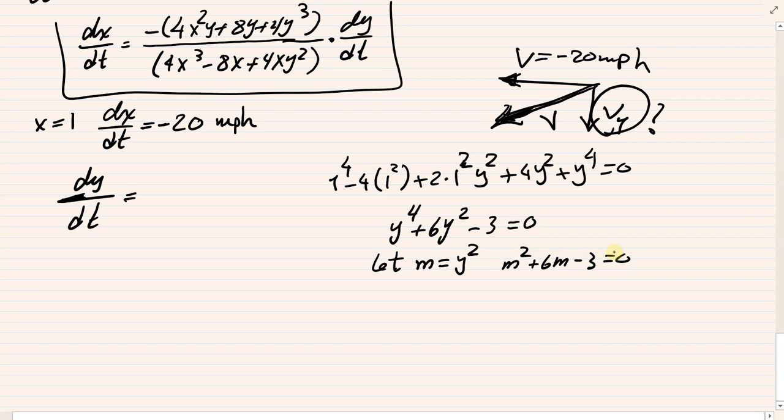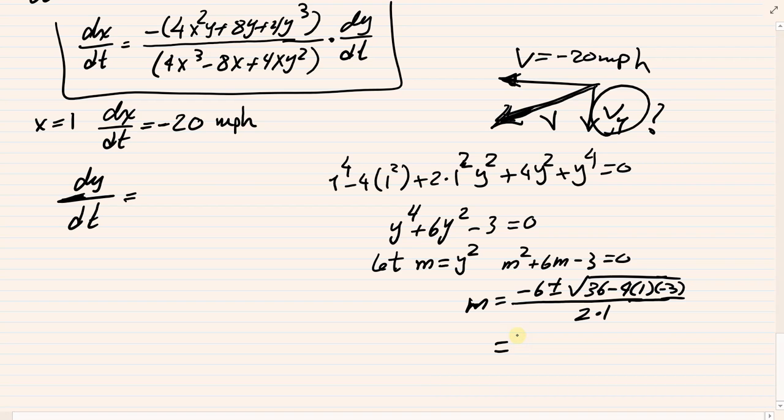Now, using the quadratic formula, m is going to be negative b plus or minus the square root of b squared minus 4ac, divided by 2a. Okay, this is from your algebra, right?